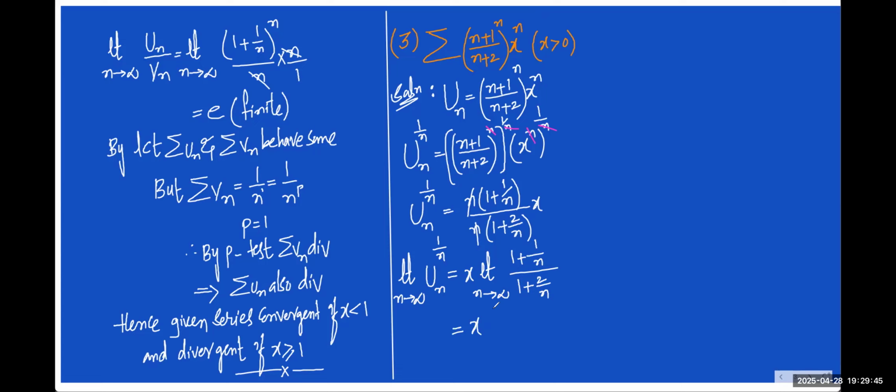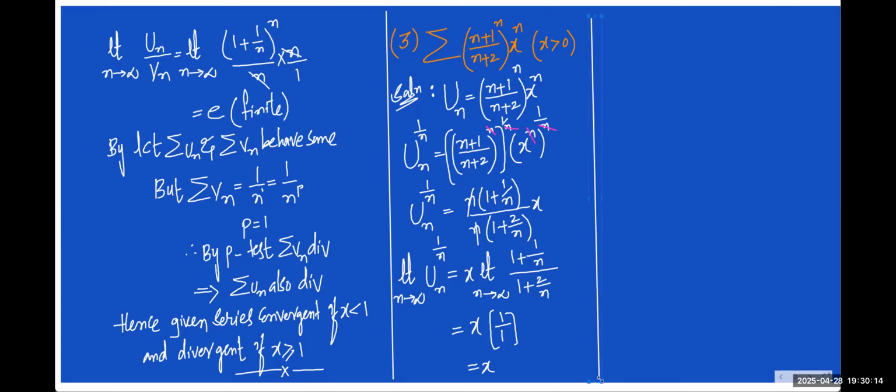The numerator's answer is 1, and so is the denominator's. So that is 1 only. Sorry, x only. Correct now? Yes sir. So the test fails here. The ratio test fails.